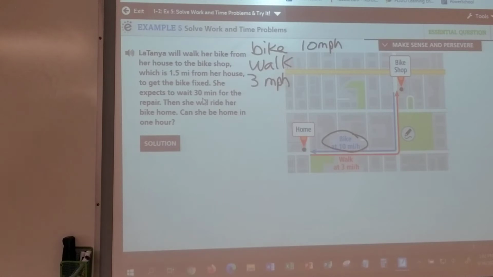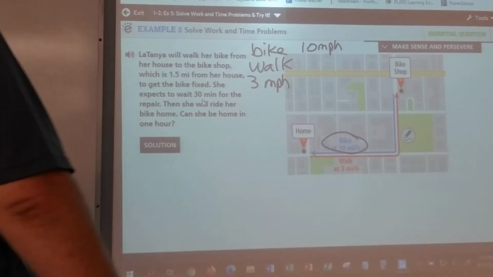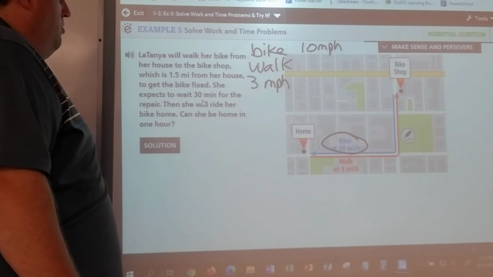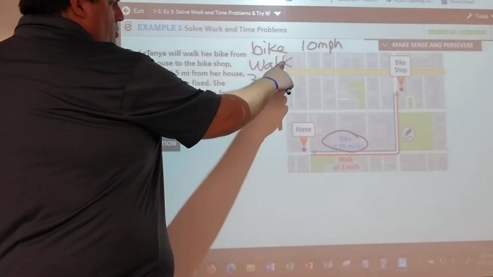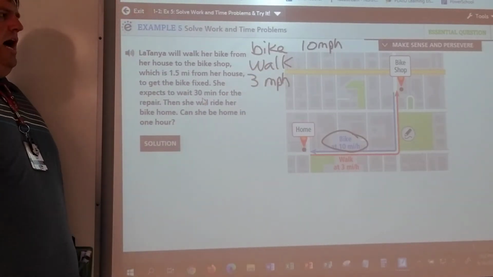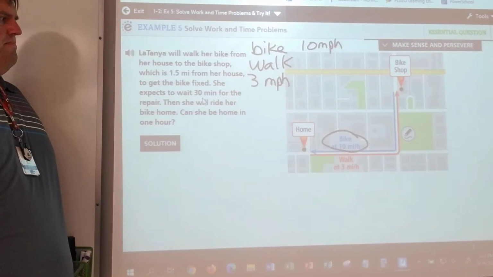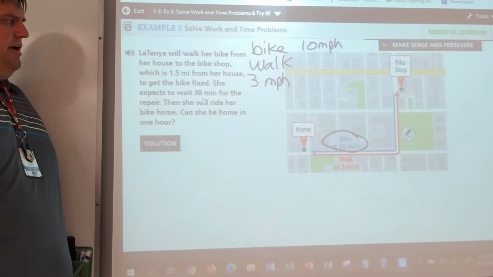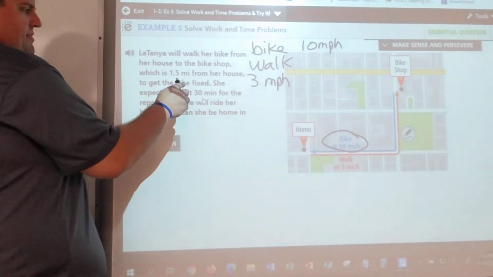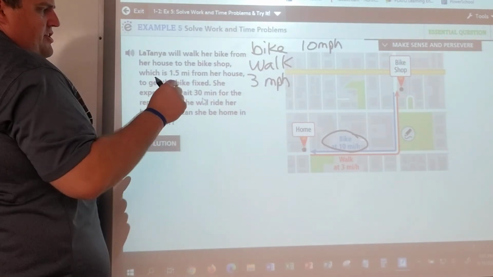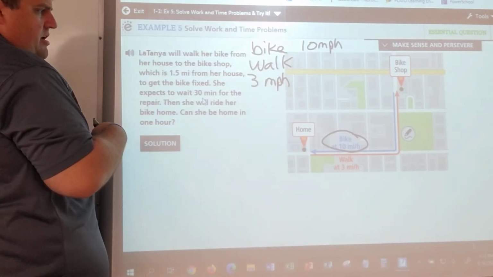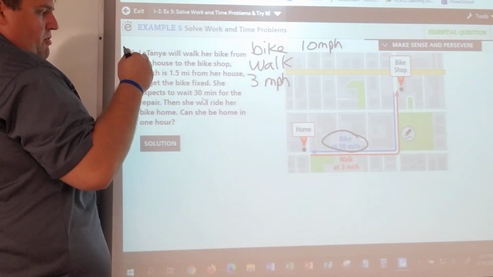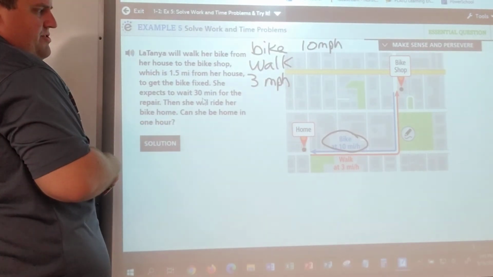So let's talk about these walking times. We have 1.5 miles that she's going to walk. So how do we figure out how much time that is? If you think about this, 3 miles per hour is miles over hour equals, however we got that, is 1.5 miles over blank hours.